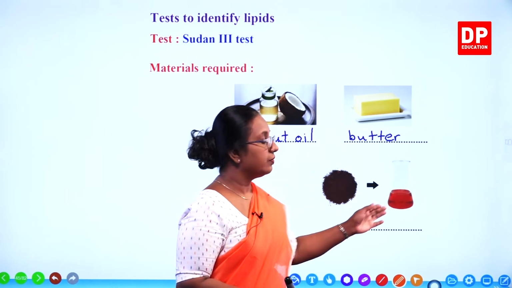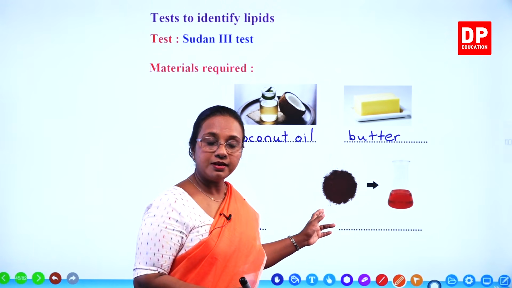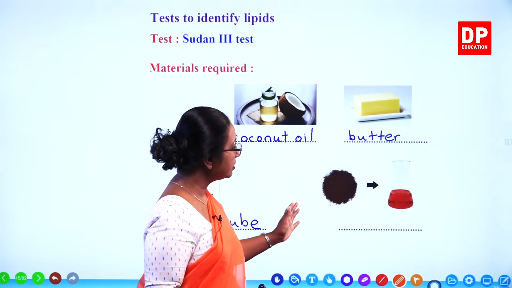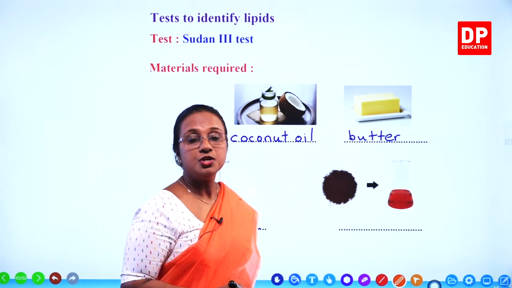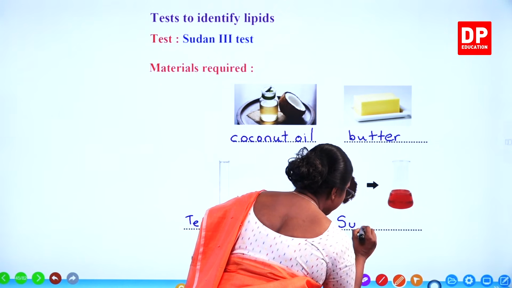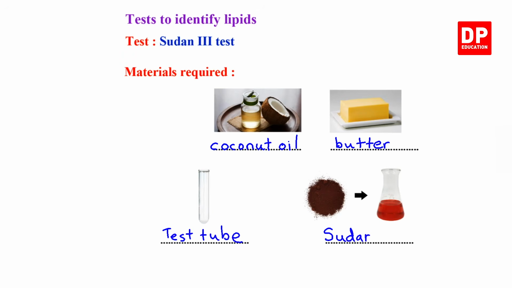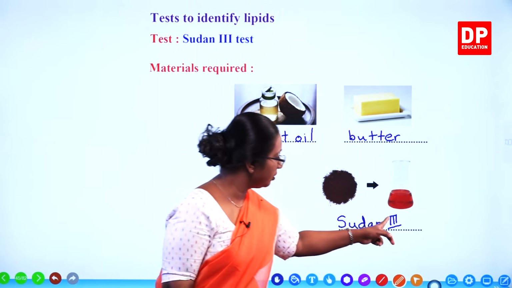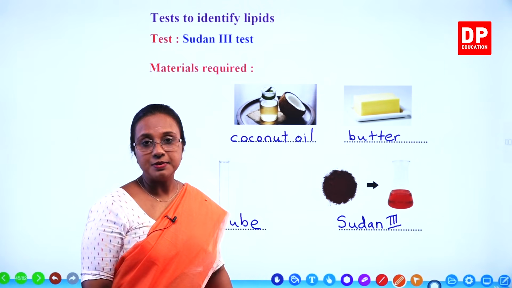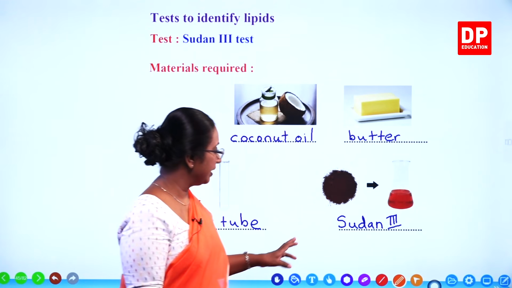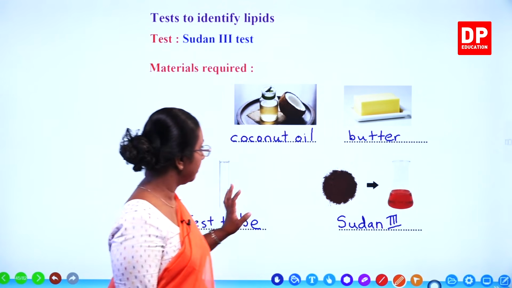And also we have the Sudan 3 reagent. It comes in the form of a powder. We can dissolve it and prepare the Sudan 3 reagent or Sudan 3 solution. Remember students, when you write Sudan 3, we need to use the Roman numeral 3. We don't use the Arabic number. It has to be the Roman numeral 3.